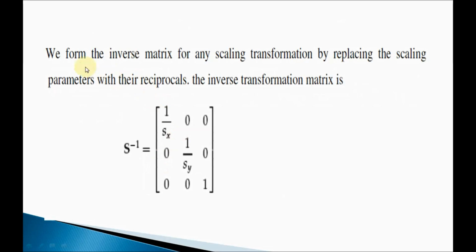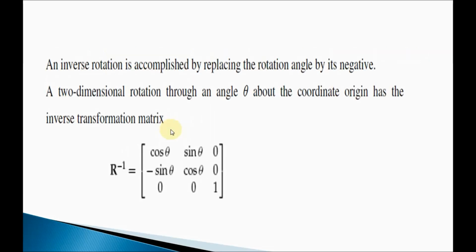Now, we form the inverse matrix for a scaling transformation by replacing the scaling parameters with their reciprocals. You can see here, Sx is replaced by 1 by Sx, and Sy is replaced by 1 by Sy.